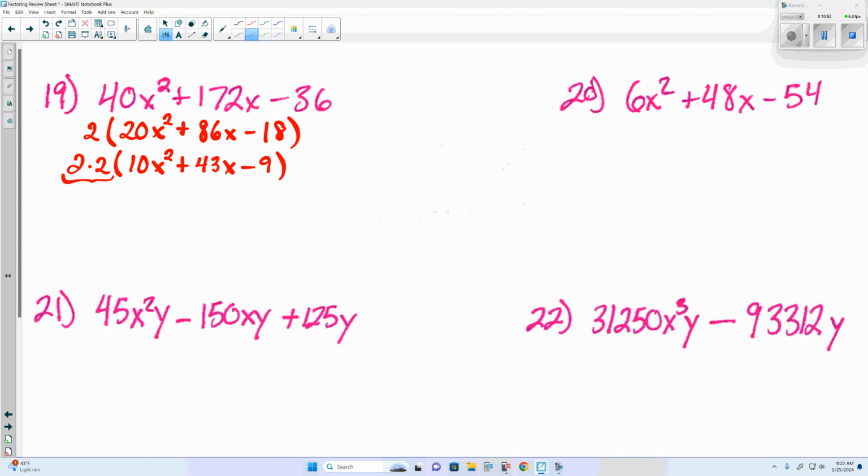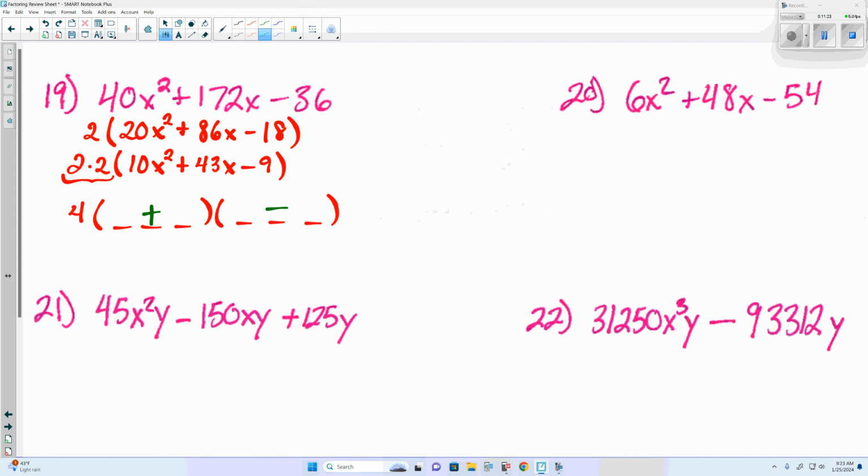But whenever we pull out more than one, we've got to multiply those common factors together. 2 times 2 is 4. So it works out that the greatest common factor between 40, 172, and 36 is actually 4. Now our signs would be opposite because the third term is negative.